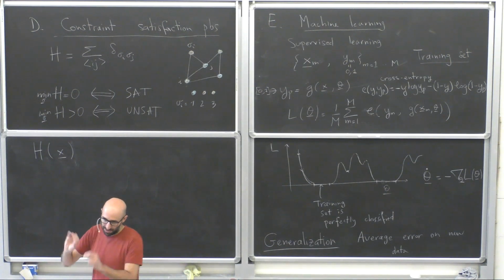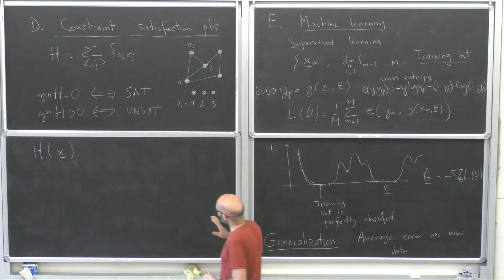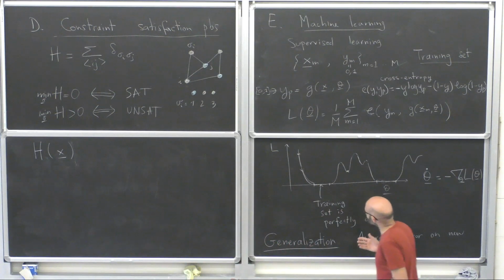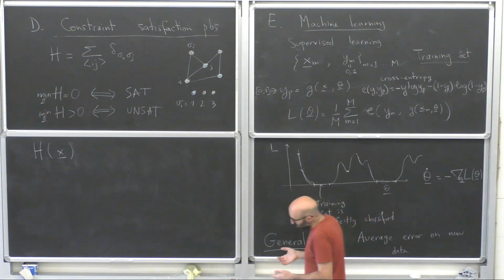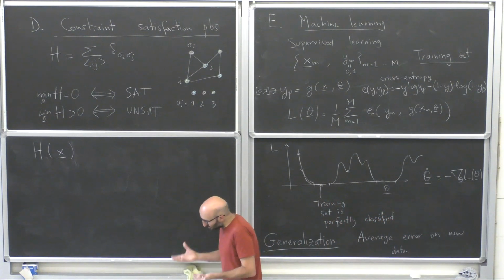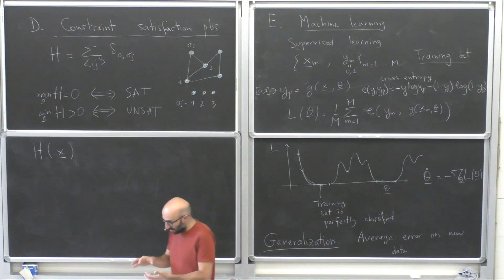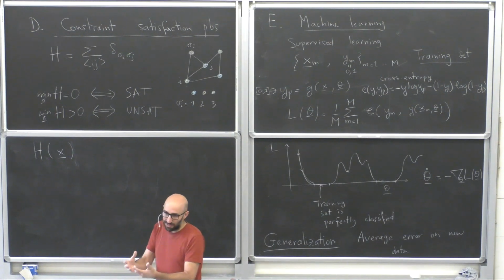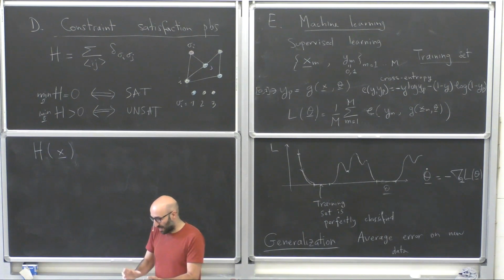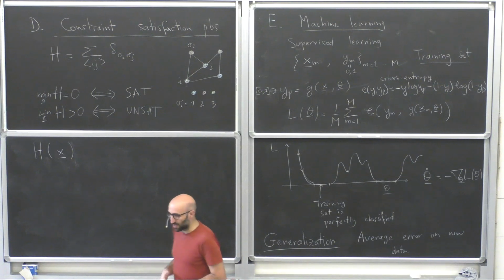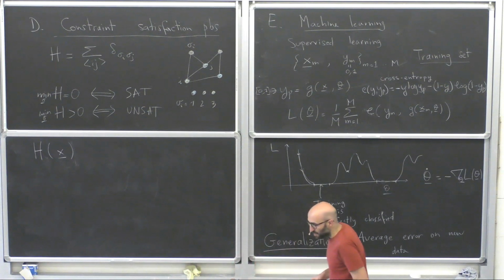But yes, you can have localization. Actually, the glass transition is a kind of localization in the sense that if you look at one particle in the liquid, the particle can diffuse, and in the glass, the particle is kind of stuck and it cannot diffuse. So it's a kind of localization, yes.